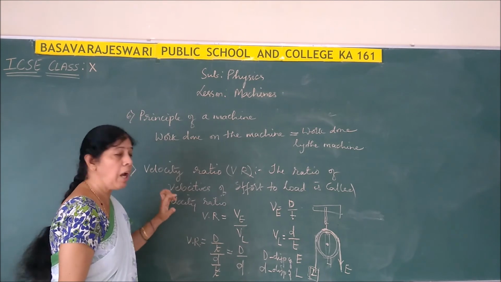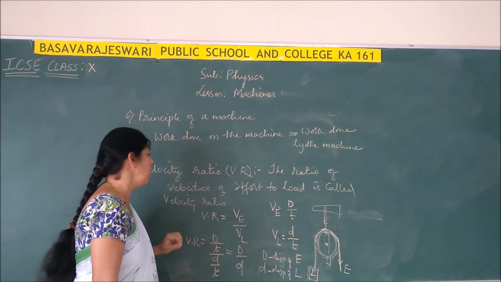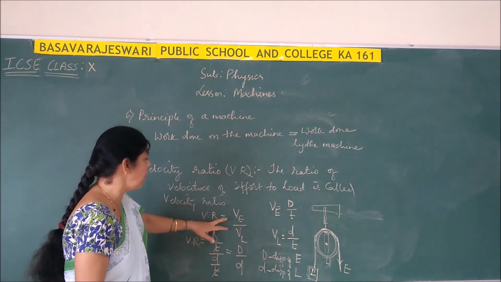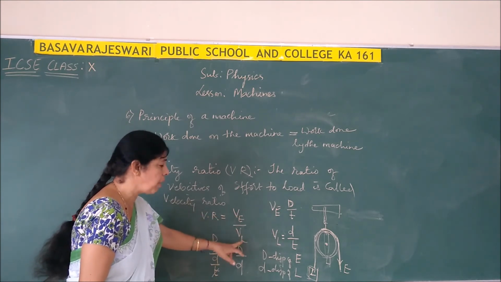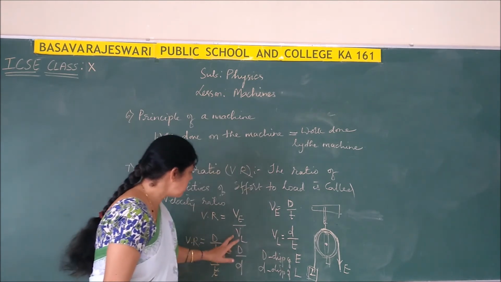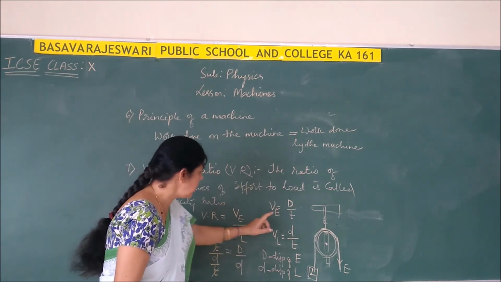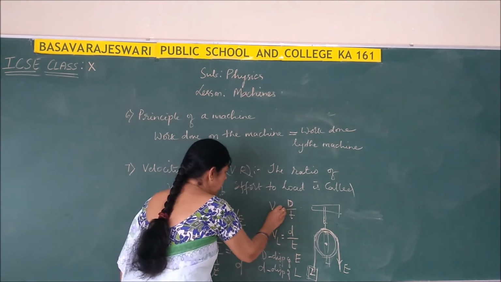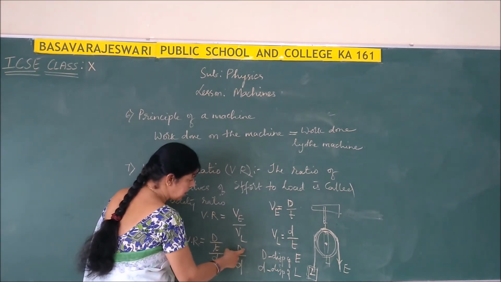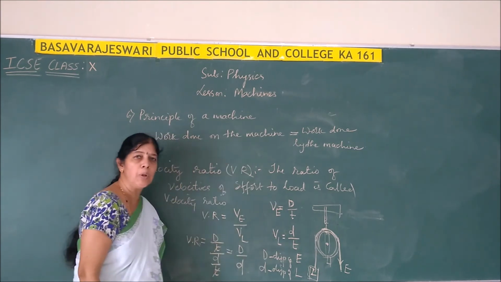So, remember here we have two definitions for velocity ratio. Which are those definitions? One definition is it is the ratio of velocity of effort to velocity of load. Now, if you take the other definition, here I am substituting instead of velocity, D by t. So, when you substitute D by t, you will get velocity ratio as displacement of effort by displacement of load.